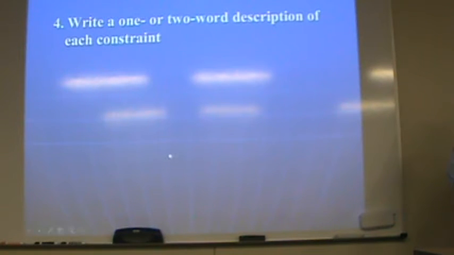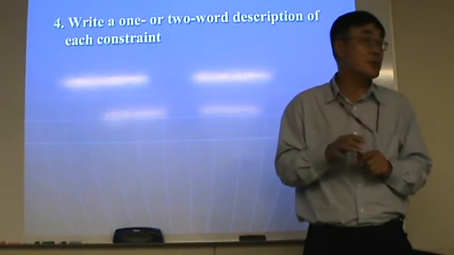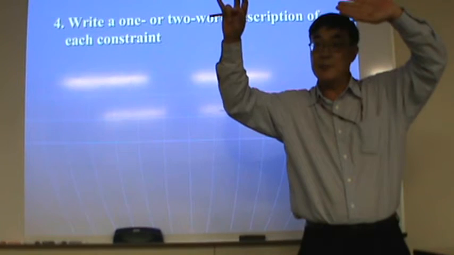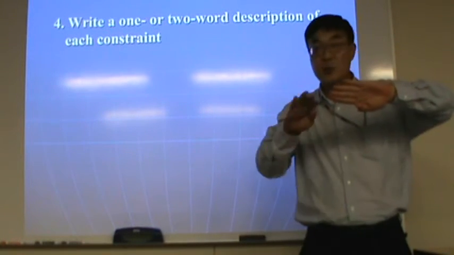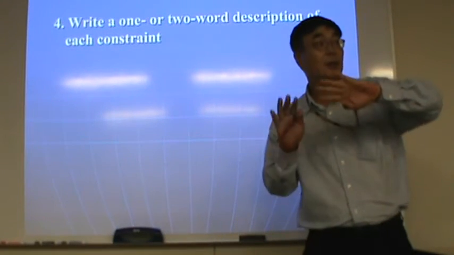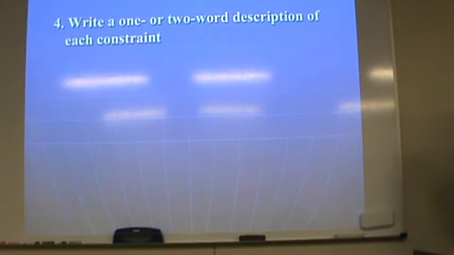And next, constraint part. Limited resources. Maximize problem, product, objective, right? Then constraint, limited resources, right? What limited resources? Constraint. Write a one or two word description of each constraint.